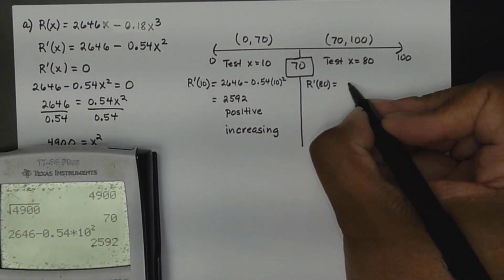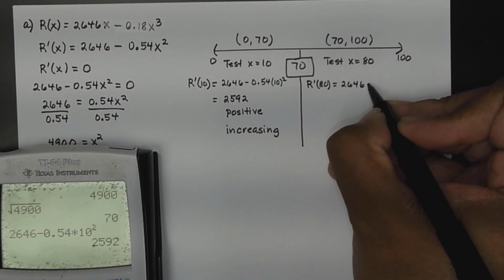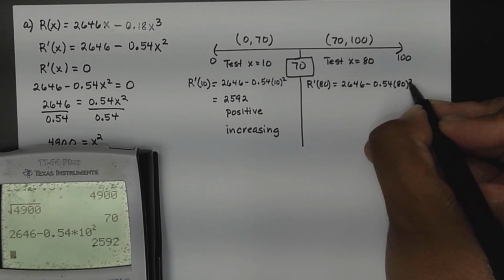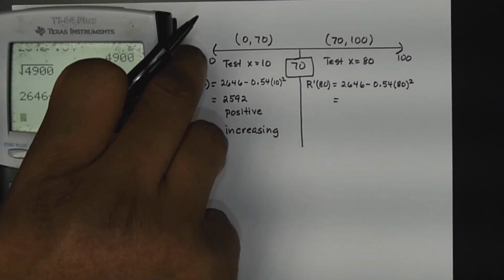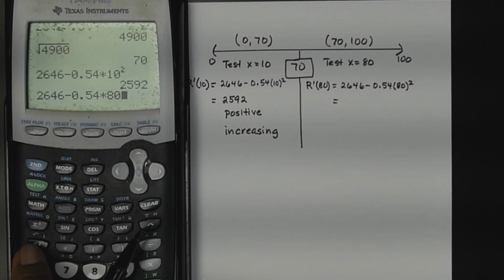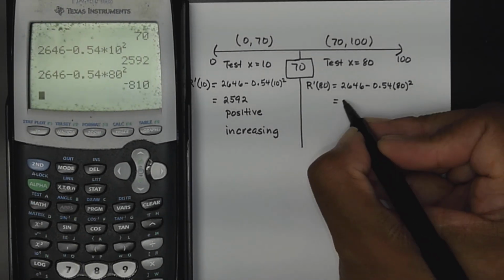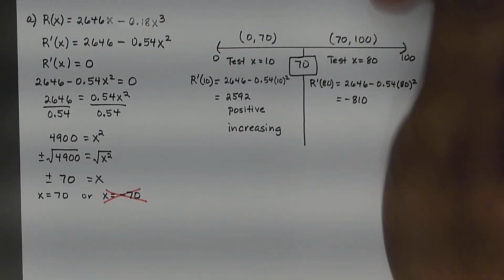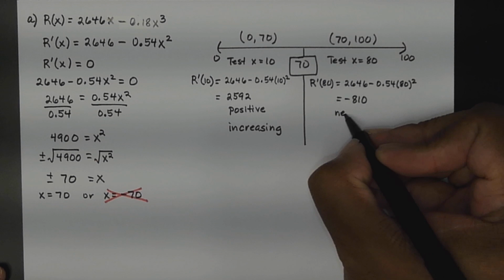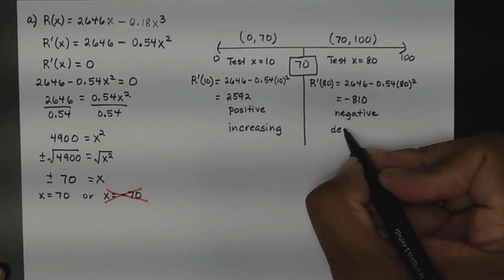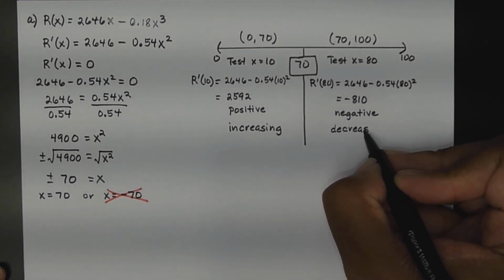So r prime of 80 would be 2,646 minus 0.54 times 80 squared. Now do this in the calculator as well. Here I get a negative value of negative 810. And it is negative. So that means on the interval from 70 to 100, our revenue is decreasing.